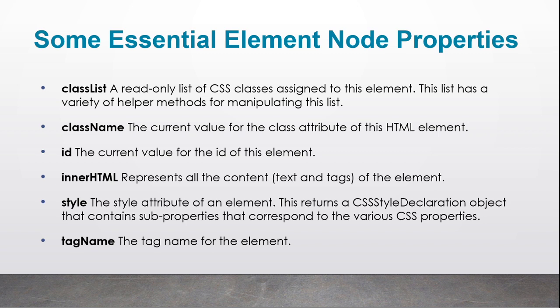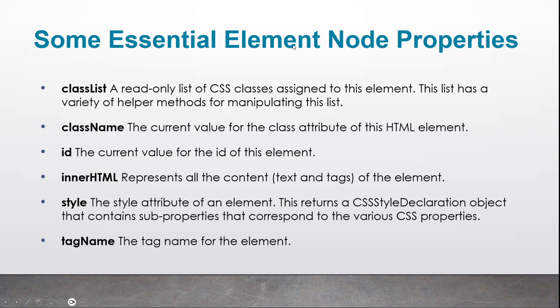And then the style is all of the CSS properties of that element, which we can use to add and remove certain styles instead of adding and removing certain classes. And then the last one is the tag name itself. So thinking back, if you have an A tag, that's your href equals google.com, right? The tag name would be A.